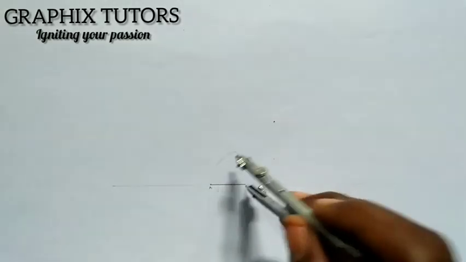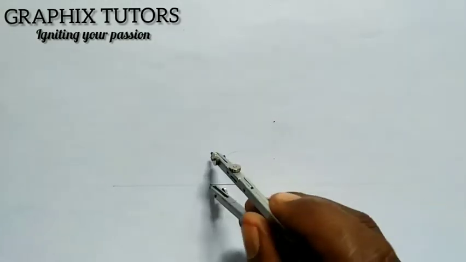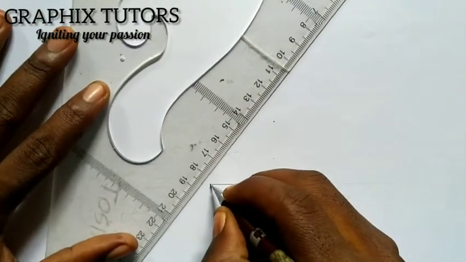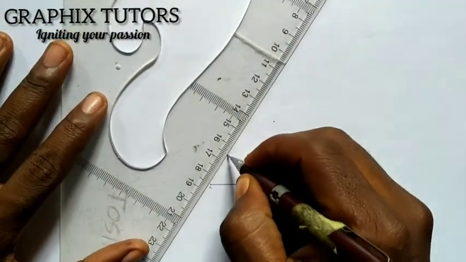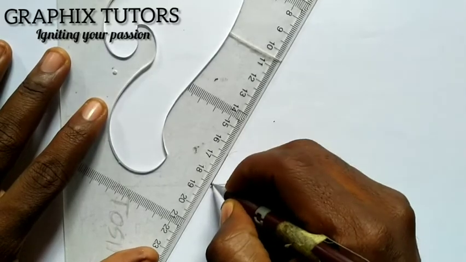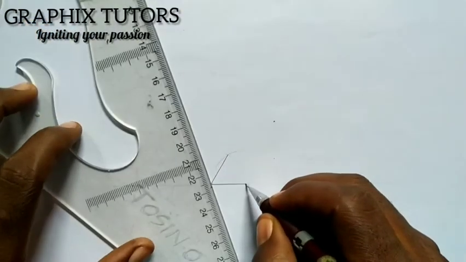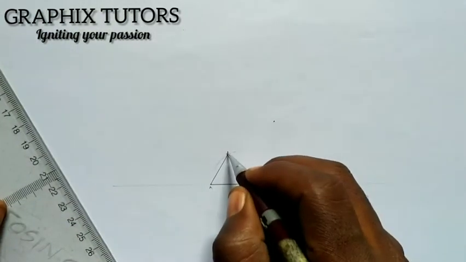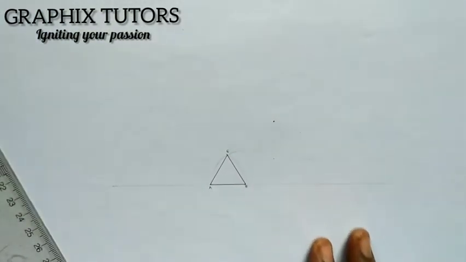I'll strike an arc here with AB, and here also strike another arc. So where they meet, I'm going to draw, close them up. This will be point C. I want to draw the involute of this triangle.